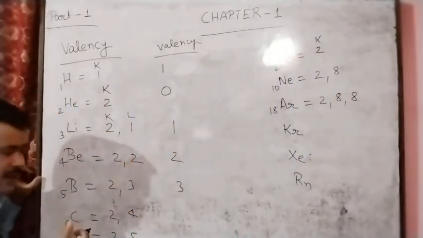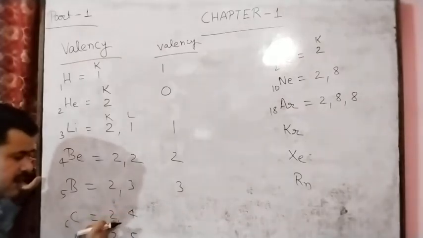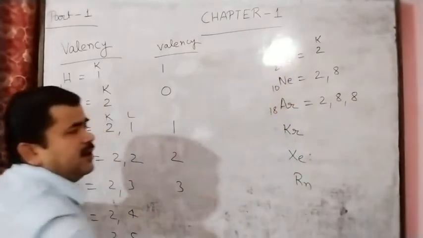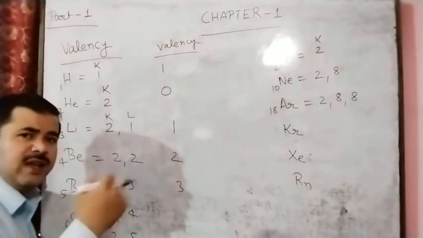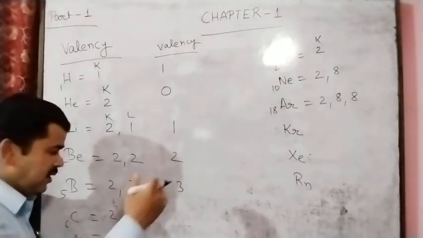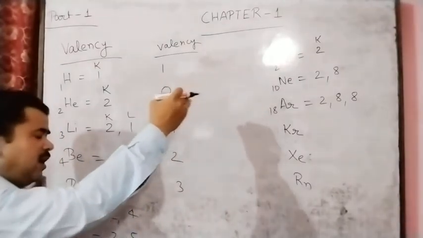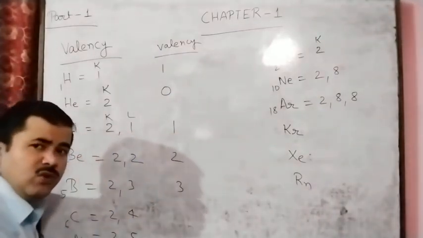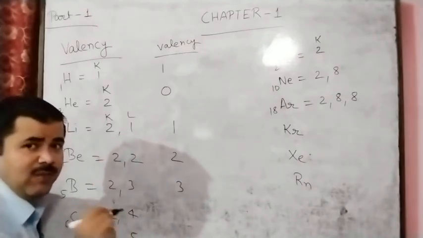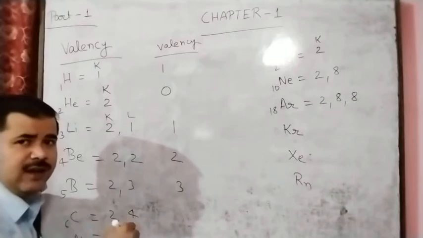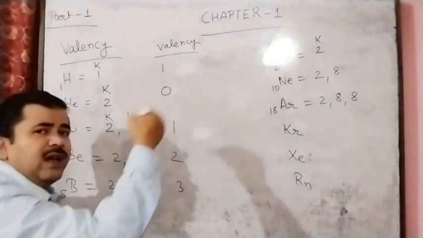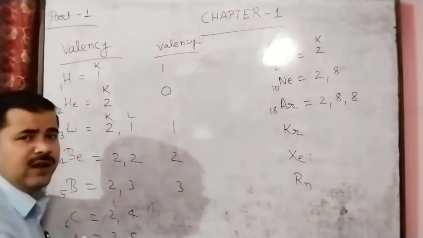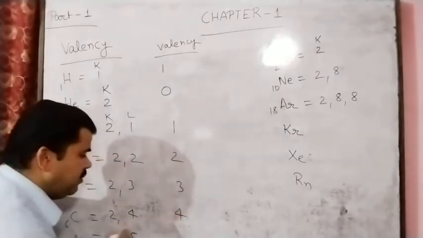And by gaining 4 electrons, 2, 4 becomes 2, 8, so it will acquire the neon electronic configuration. So there are two nearest gases, helium and neon, near carbon. Carbon has the tendency to lose 4 electrons or gain 4 electrons. If it loses, it acquires the helium configuration; if it gains 4 electrons, it acquires the neon configuration. So the valency will be 4.